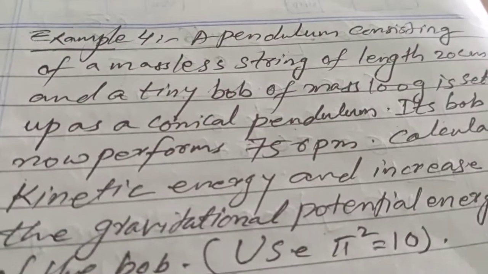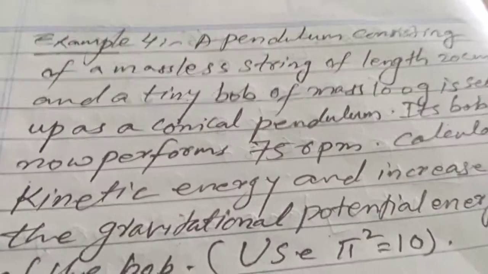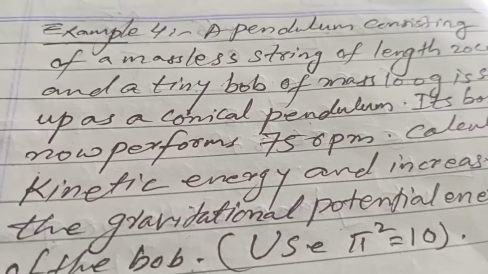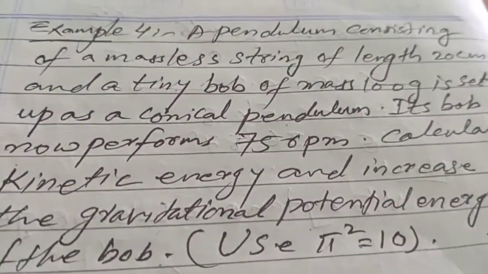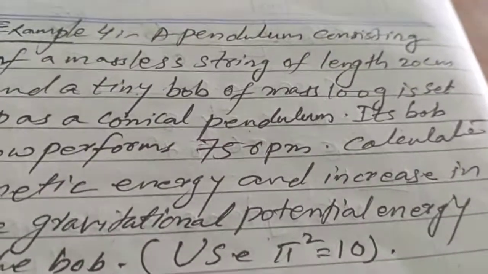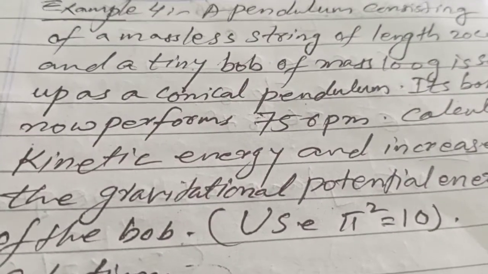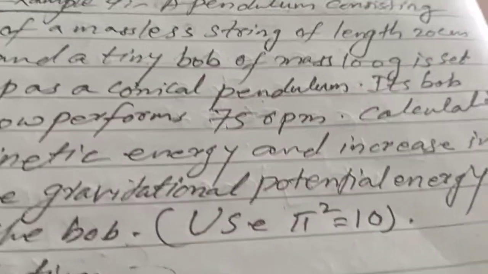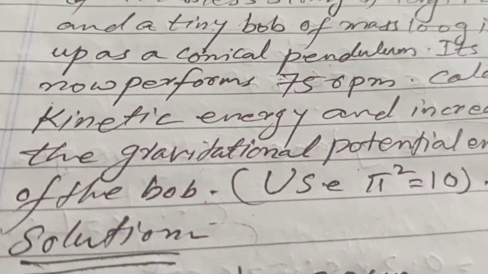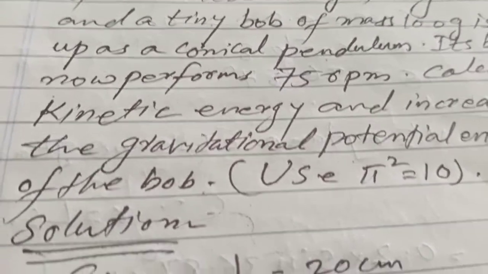Its bob now performs 75 rotations per minute. Calculate the kinetic energy and the increase in the gravitational potential energy of the bob. Use pi square as 10.